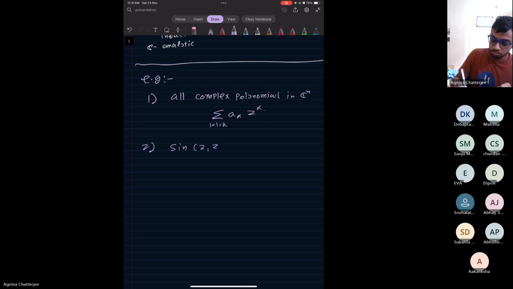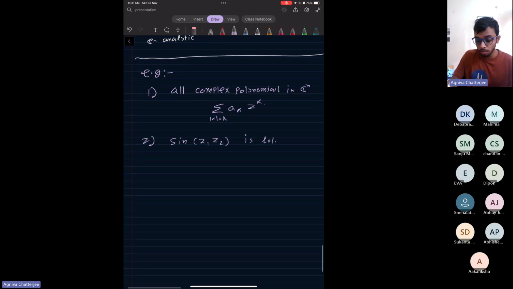Functions like sine(z1 z2) are holomorphic. The point over here is, how do you check these are holomorphic? You just apply the Cauchy-Riemann equation, because you can immediately see that they are holomorphic in each variable. So they are holomorphic.